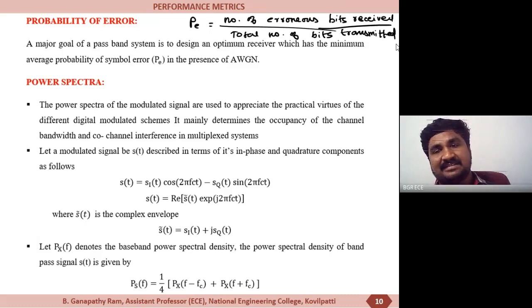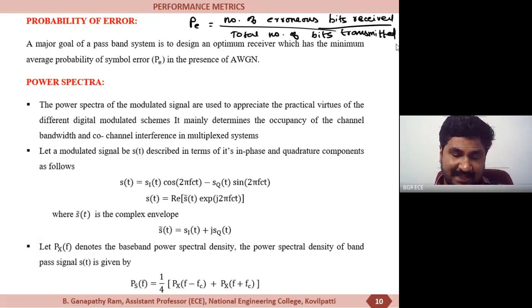All this information is studied with the help of the power spectrum. With this information, it can determine the occupancy of the channel bandwidth as well as the co-channel interference in the case of multiple access techniques.